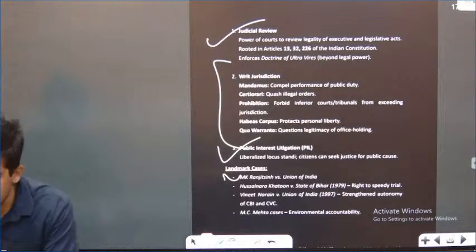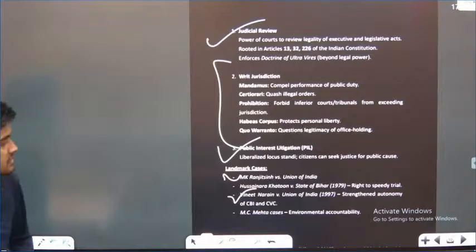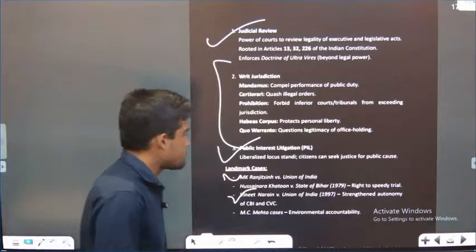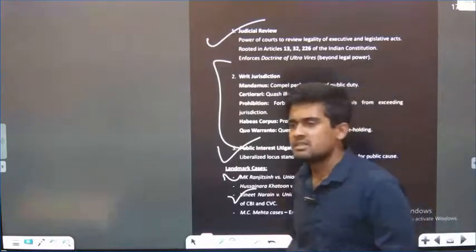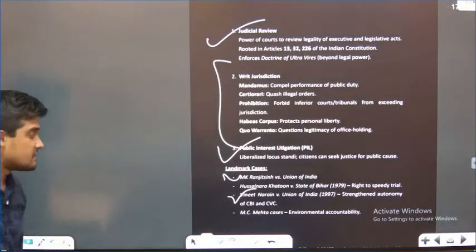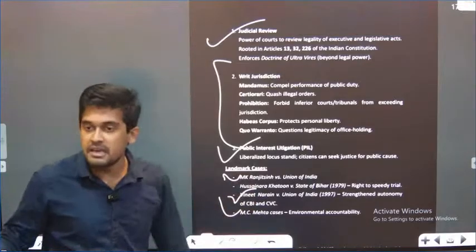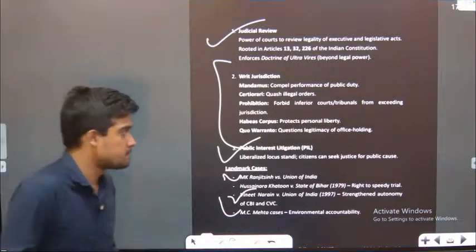There were a lot of undertrials locked up in prisons for a very long time. So, right to a speedy trial is for them. Then, Vineet Narain versus Union of India. Basically, this was to give more autonomy to the CBI and Central Vigilance Commission so that they can investigate people who are also part of the ruling party. Things like these. Similarly, the MC Mehta cases in PIL are there for environmental protection. Okay, you can write all of these things.